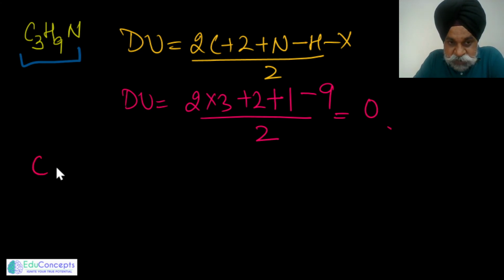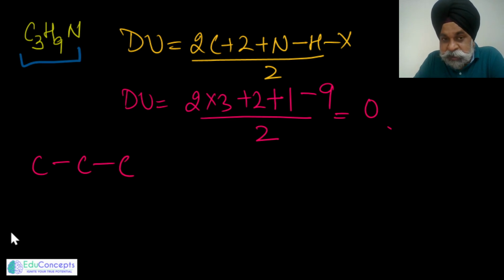So this means you have 3 carbon atoms, and a degree of unsaturation of 0 means, now this is very, very interesting. Let me explain it in a little more depth. It was C3H9N, and we find that the degree of unsaturation came out to be 0.